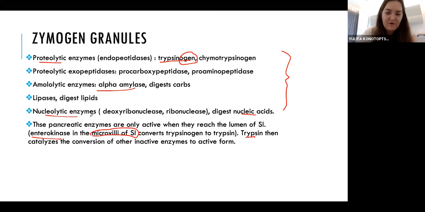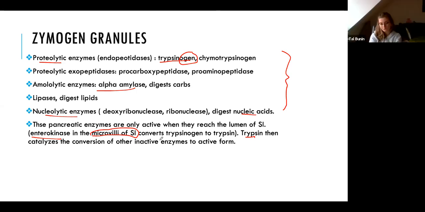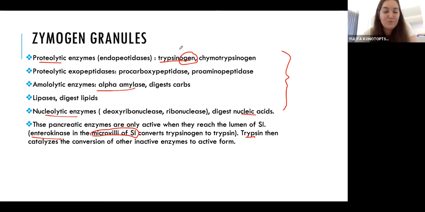So all other enzymes need trypsin in order to convert to their active form. Clear? So your job is first to make trypsin, converting trypsinogen to trypsin with the help of the microvilli in the enterocytes. Once you have done it, trypsin will do the rest and convert all other enzymes to their active form.